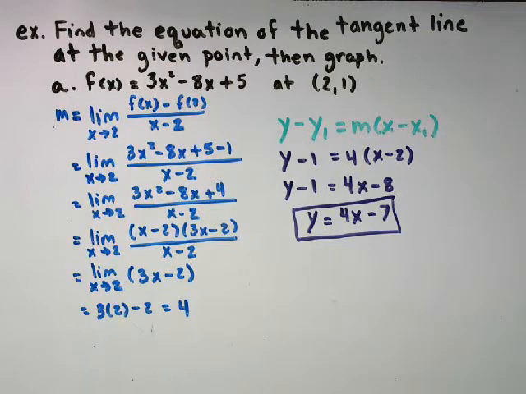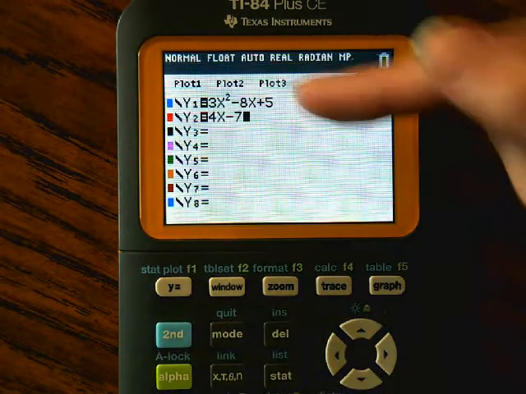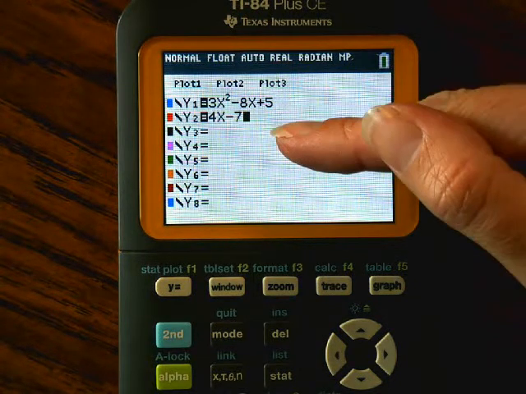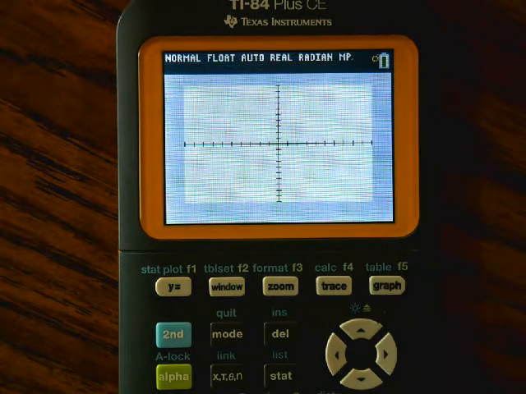So in the calculator, I put the given function, 3x squared minus 8x plus 5, and the equation of the tangent line. So when I graph, we're going to see the parabola, and we're going to see the tangent line.